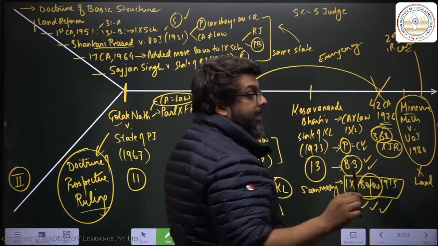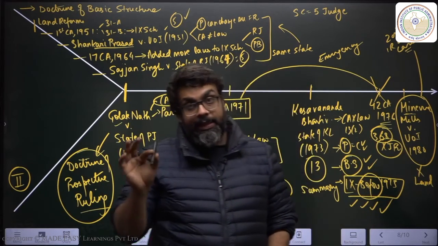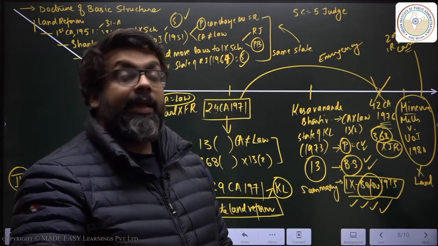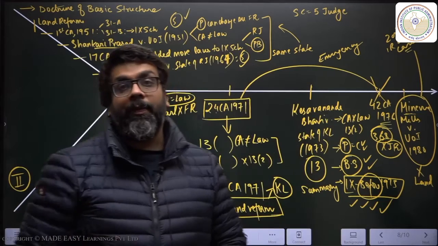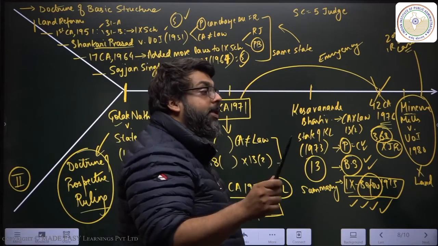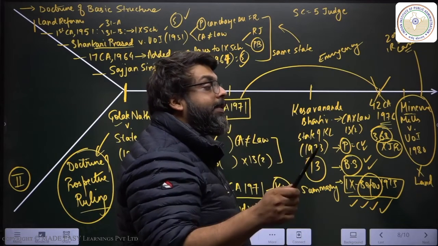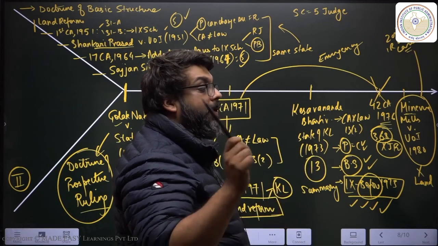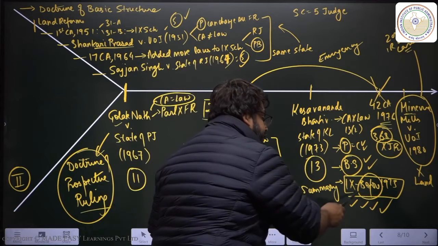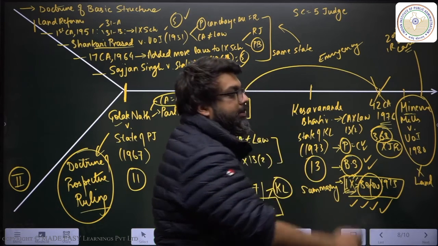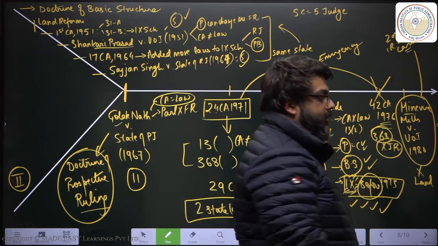So today, anything which is in the 9th schedule, if it violates basic structure, can be challenged in a court of law. Tamil Nadu, which has a reservation policy of more than 50%, cannot be challenged in the Supreme Court because that reservation law is in the 9th schedule and reservation is not basic structure. Okay?